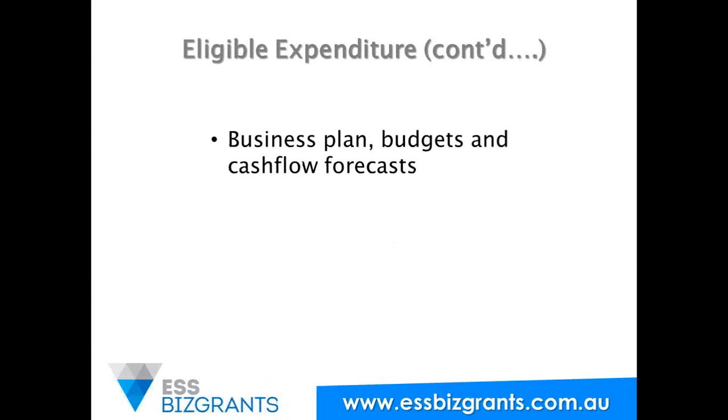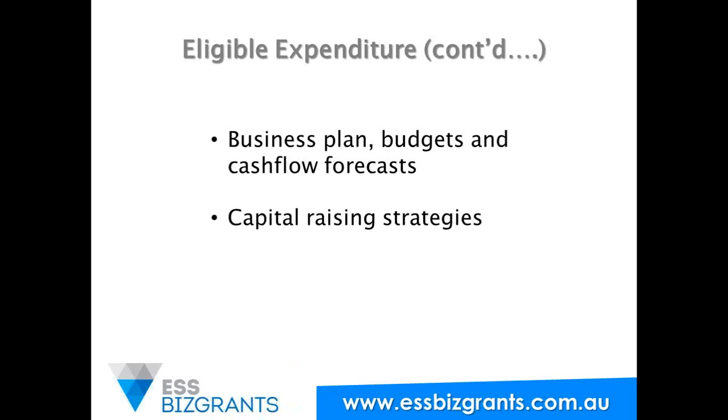allowable. I could also have included intellectual property expenses there, but the funding is only 50%. It's not 80% like it was for those items on the Commercialisation Australia program.